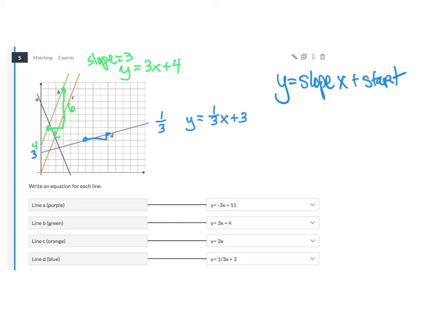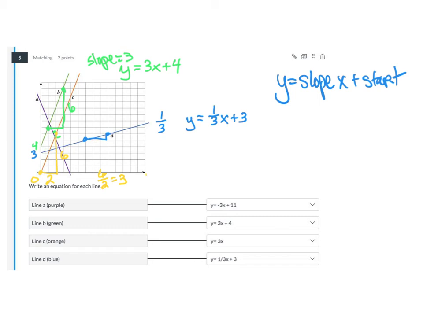Let's look at C. So C starts at 0, 0. And then let's pick another point. Here, I'm going to pick this point right here. So it's 1, 2, 3, 4, 5, 6, 2. Then our slope will be 6 over 2, which is 3.